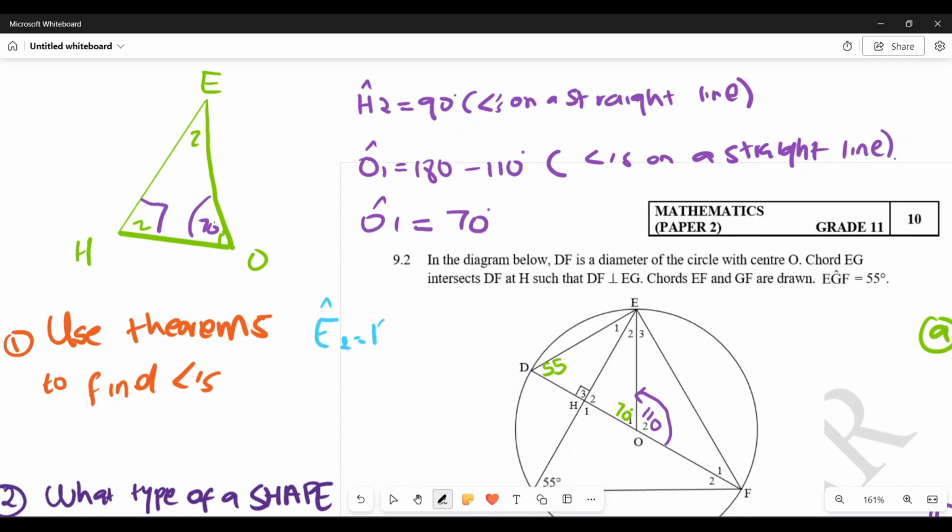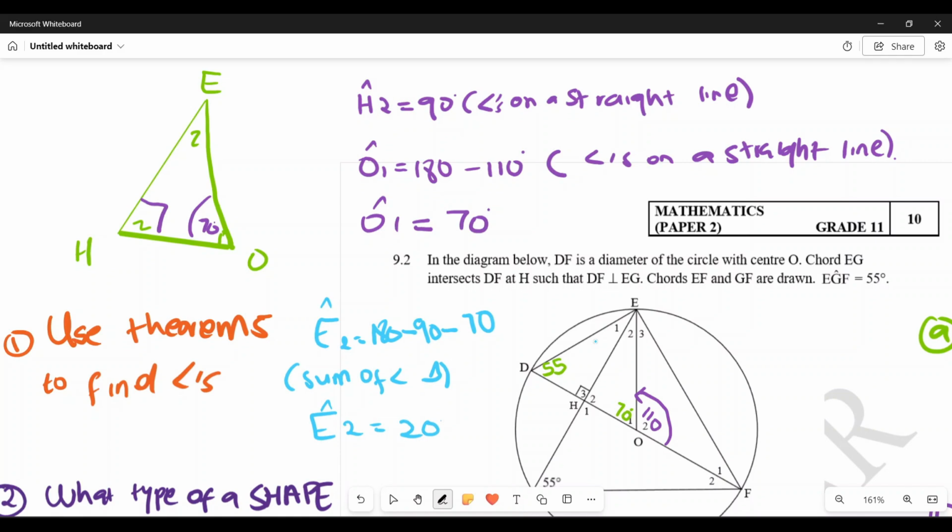It will be equal to 180 minus 90 minus 70, and my reason would be sum of angles in a triangle. As a result, my angle E2 will be equal to 20 degrees.